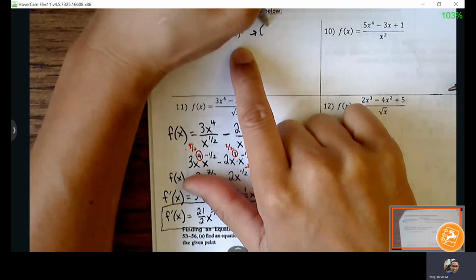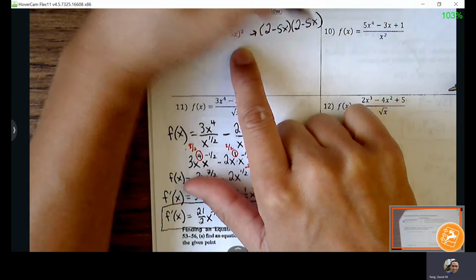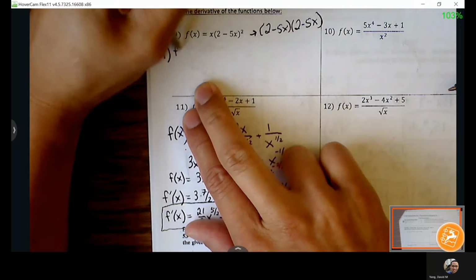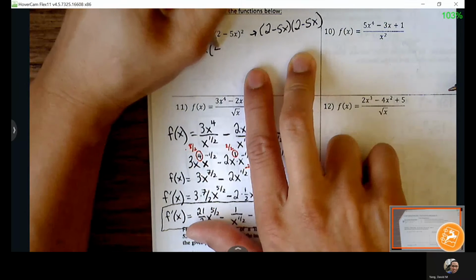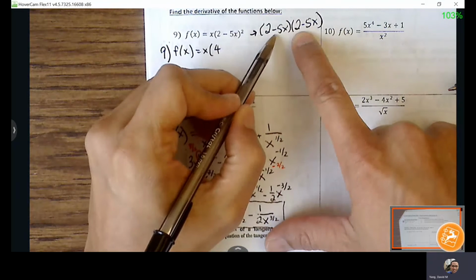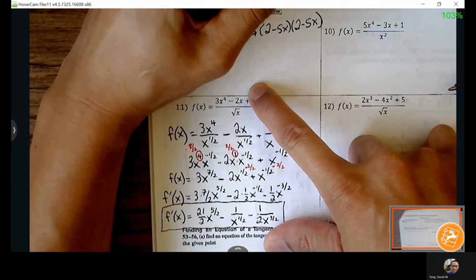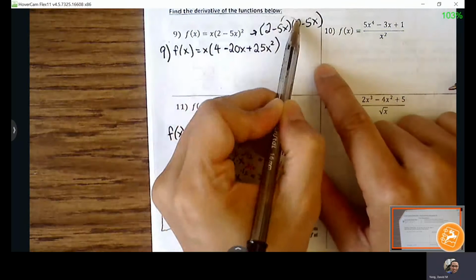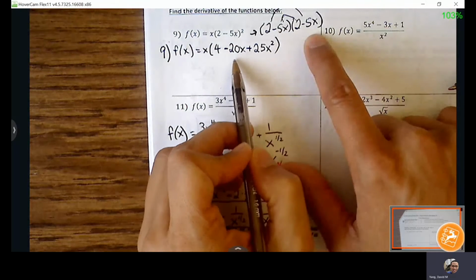So I'm going to think of this as 2 minus 5x. Let's handle this piece first. So this is 4 minus 10x plus 25x squared. All right, you got negative 10x here, you got another negative 10x here, so that becomes negative 20x.